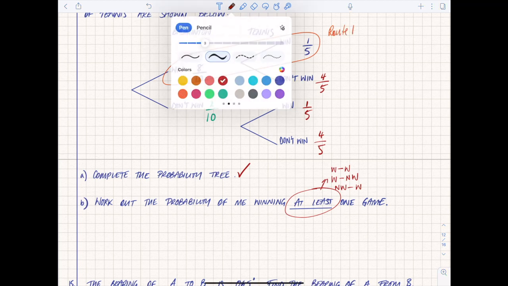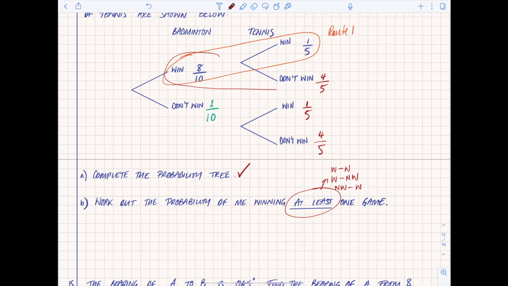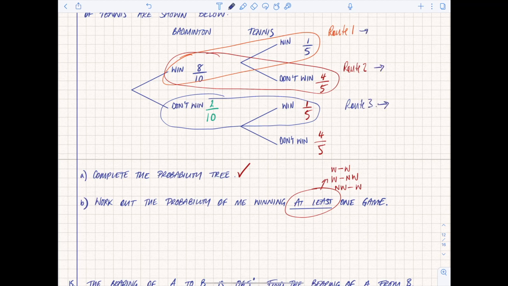The second route I could take is win and don't win. That's route 2. And then the third one would be don't win and win. That's route 3. Whenever you are following a path or a route, you need to multiply the fractions together.